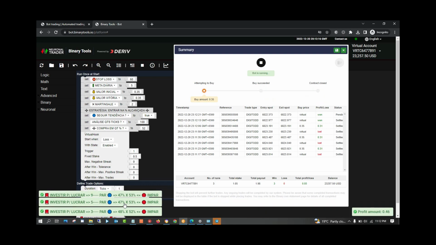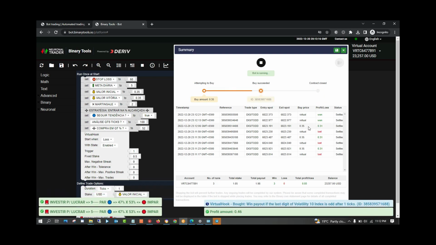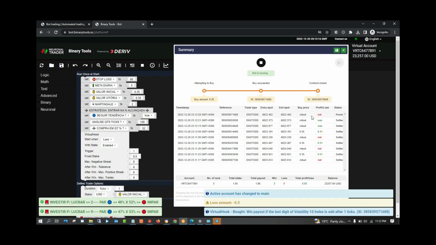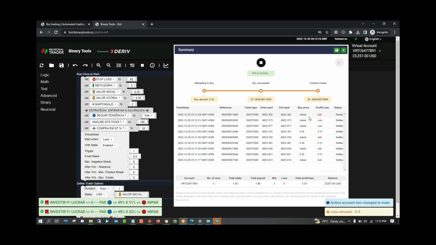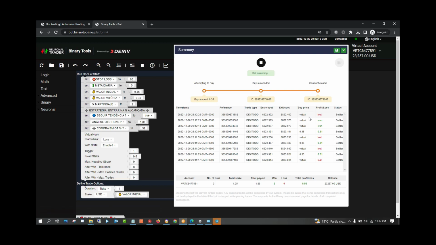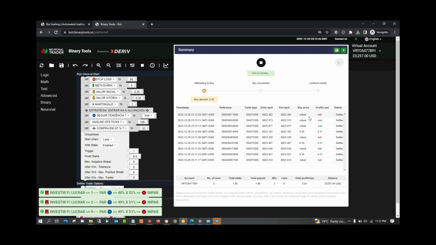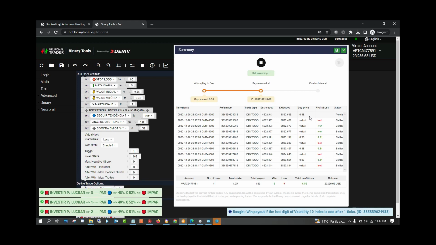So now after losing, like here, after winning, it now goes back to virtual. After losing on virtual, it goes back to real account. As you can see, it now goes back to real account.